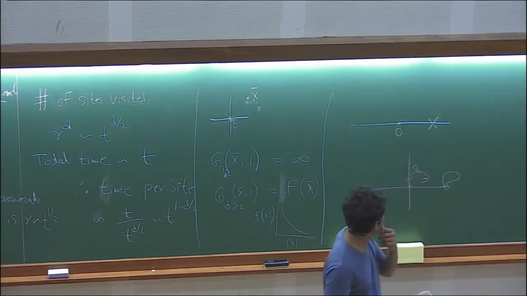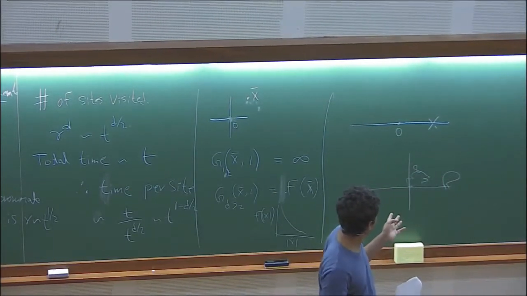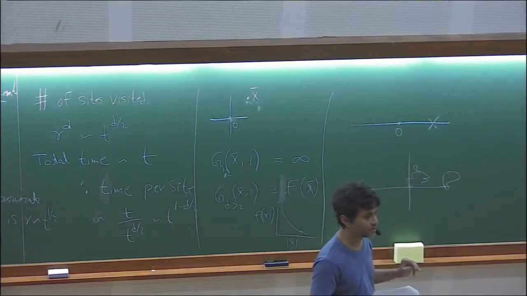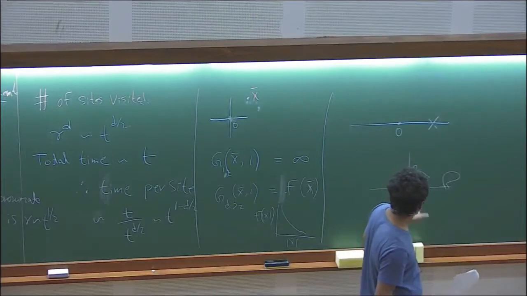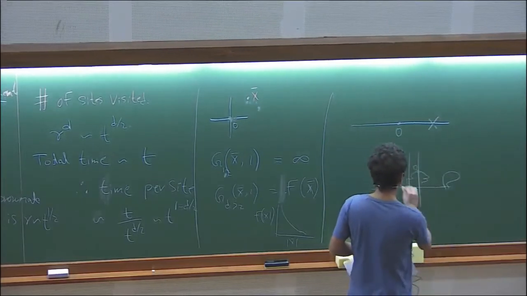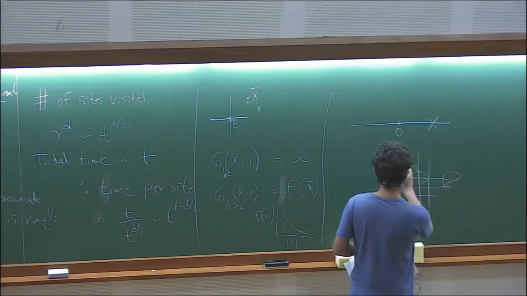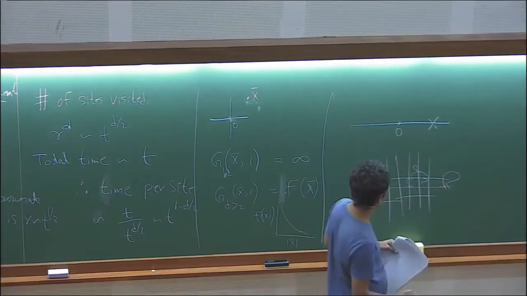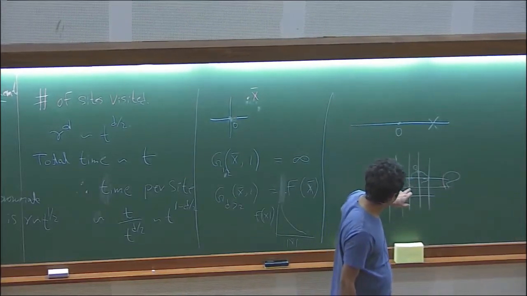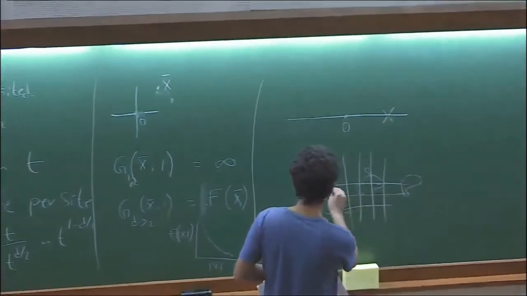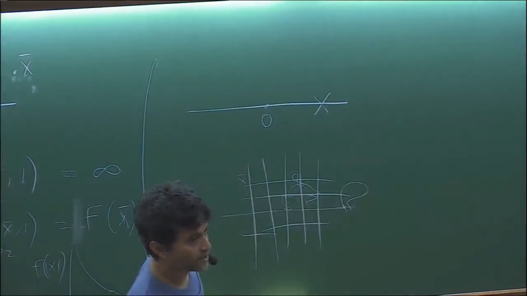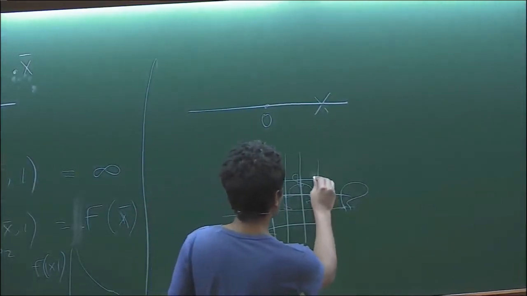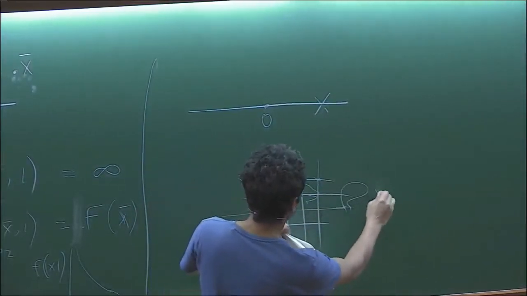No, see, this question is not translationally invariant. Yeah, it's a lattice, but it doesn't matter whether lattice or continuum. You are starting from here and you're asking what is the probability of, well, you could have wandered really far.